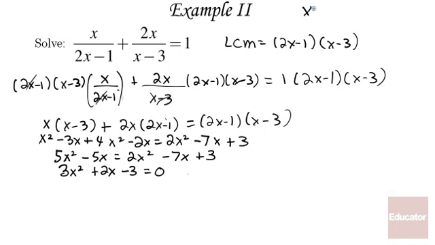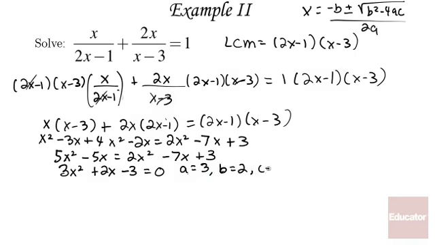Just to remind you, the quadratic formula, if you're solving for x in a quadratic equation, x equals negative b plus or minus the square root of b squared minus 4ac, all of that over 2a. Now, this is written in standard form, so I got it into standard form so that I can say, okay, a equals 3, b equals 2, and c equals negative 3. And what I need to do is substitute.